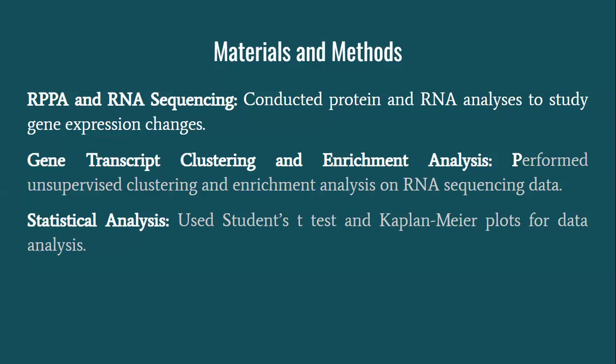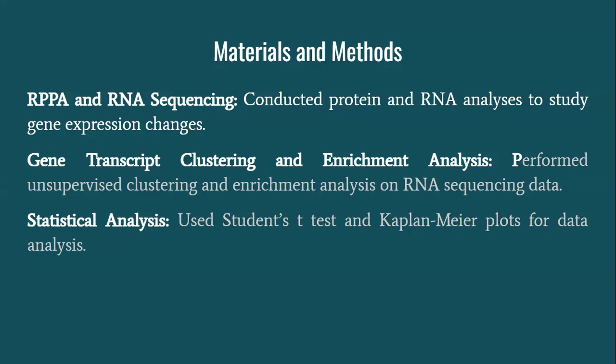So RPPA is mainly reverse phase protein array, which can be used to determine protein expression variation. And RNA sequencing was also done to study the gene expression changes. So gene transcript clustering and enrichment analysis was performed on the RNA sequencing data.